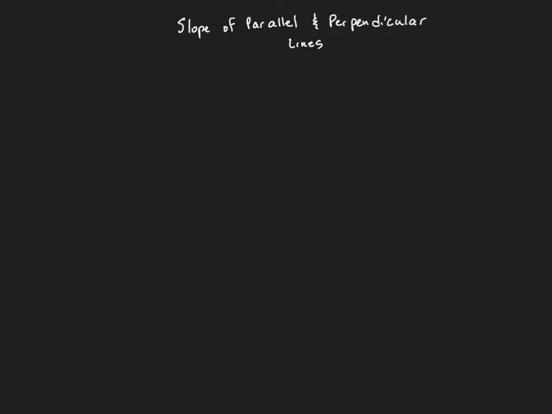So as we continue on talking about the slope of parallel and perpendicular lines, remember when we have a line, maybe y is equal to 2x plus 1, the slope is going to be 2, because remember your slope-intercept form is y equals mx plus b. Anywhere along that line, my slope is going to remain constant in a linear equation or function.